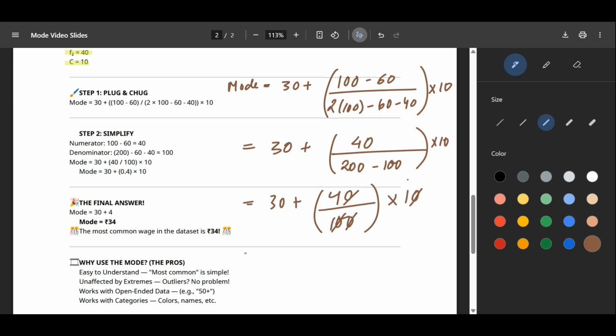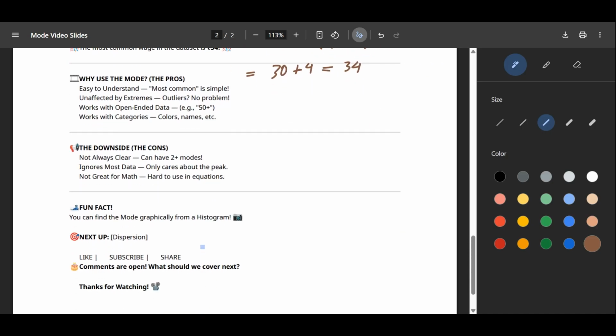Now the calculation is too simple. 30 plus 4, which is 34. And there you have it. The modal wage is 34. And this is the most common or predominant wage in our dataset. Pretty cool, right? So now we come here.